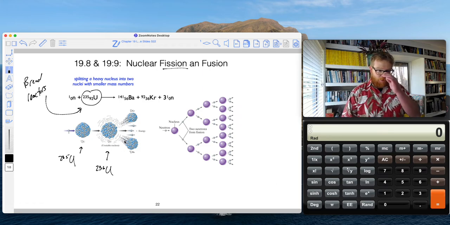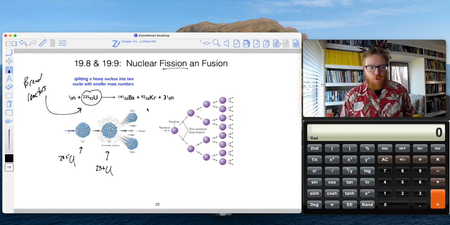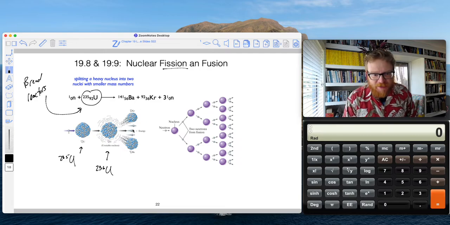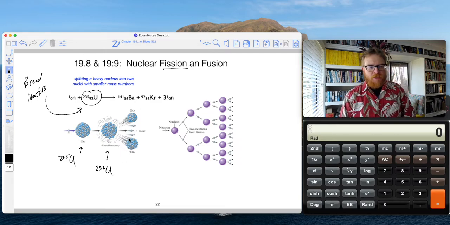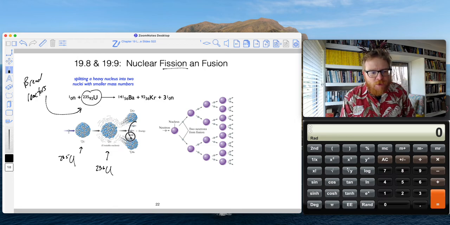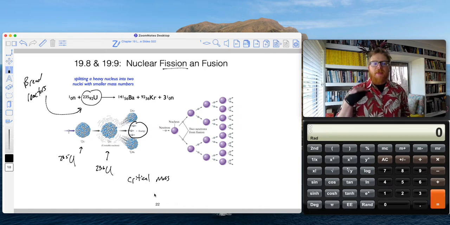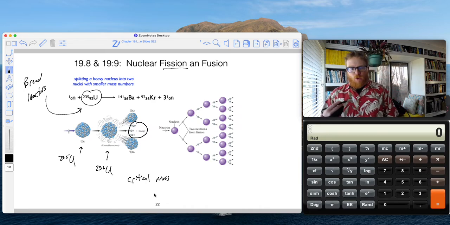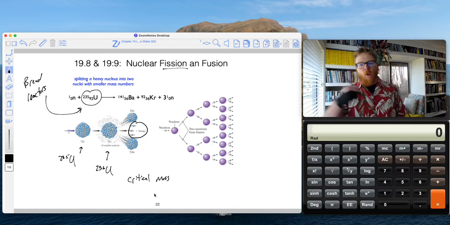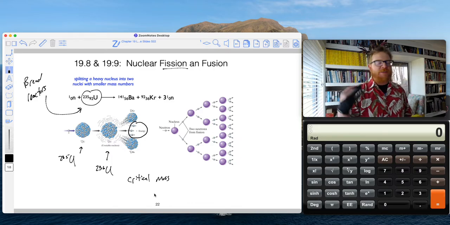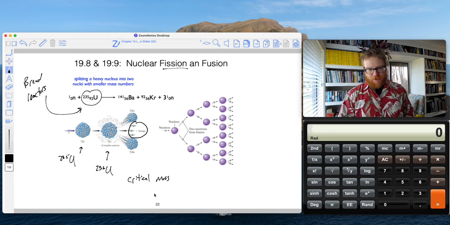This material will undergo fission, releasing lighter nuclei, but also more neutrons and energy. If you have what's called critical mass, you've probably heard that term before, then you will get an uncontrolled chain reaction where this will just go and go and go and release a huge amount of energy in the process.